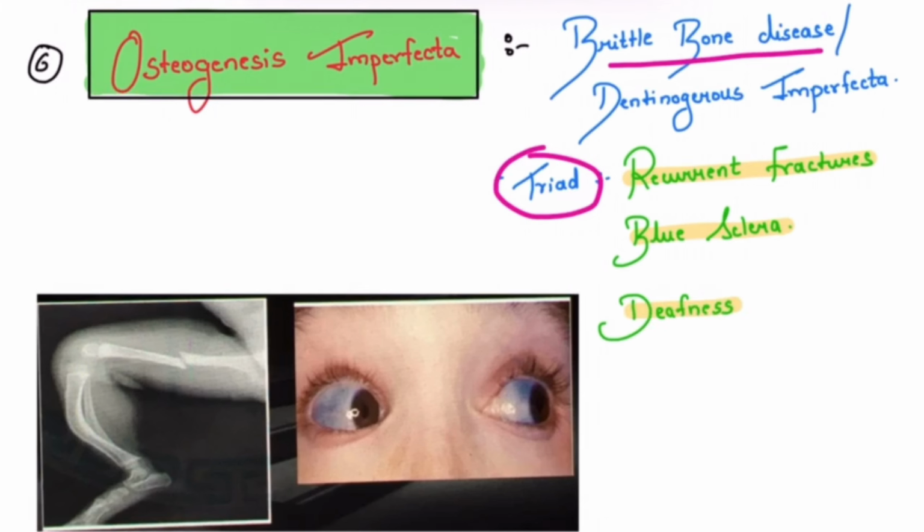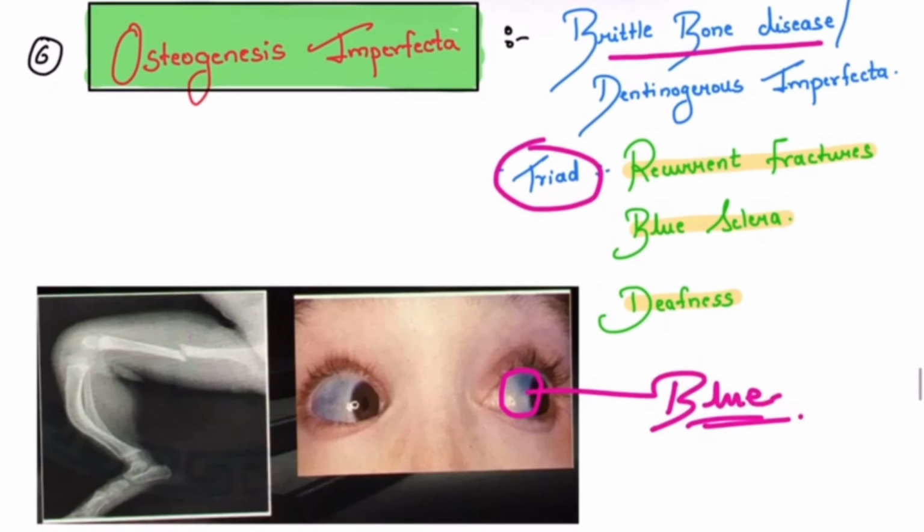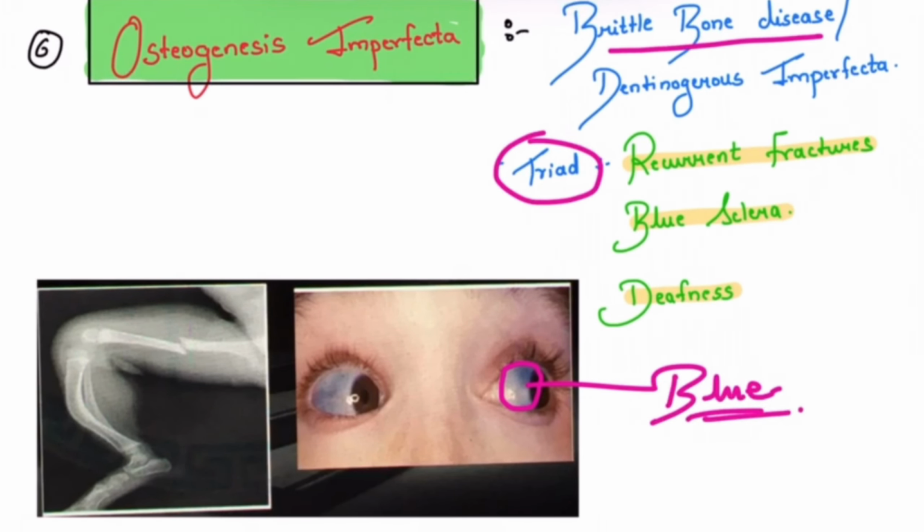The child cannot hear. The color is blue. So this disease is osteogenesis imperfecta. And in this image you can see there is a fracture over here. So there are recurrent fractures.